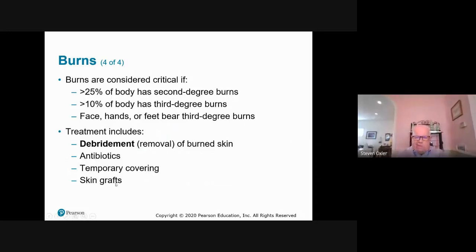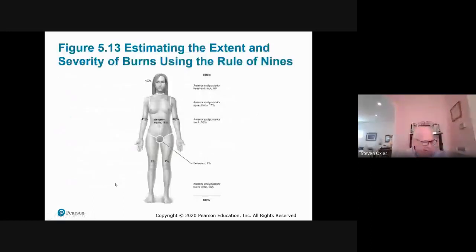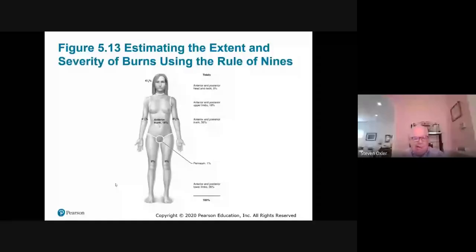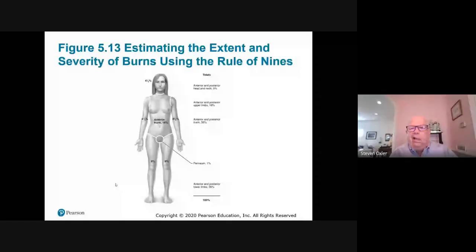Now, I want to show you the rule of nines. The reason I'm showing you the rule of nines is because this is how doctors determine the extent of burns. Okay? So let's look at the head and neck. The front is 4.5%. The back is 4.5%.